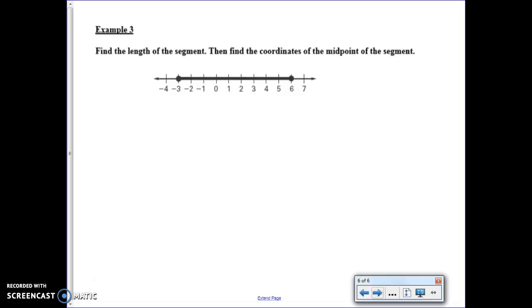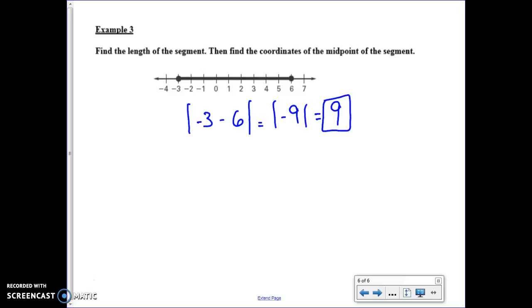So to find the length of the segment, you can count to get the number of spaces, or we can say we know that the distance is the absolute value from one endpoint to the other endpoint. So -3 minus 6 would be -9, but we have the absolute value, so that tells us that the length is 9. And if you counted the spaces here, it would be 9 spaces. You could also do 6 minus -3, which would give you that +9.